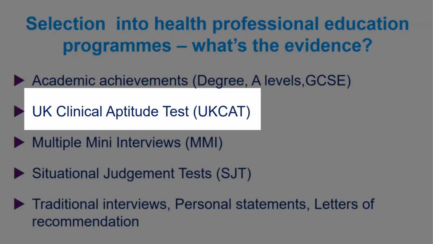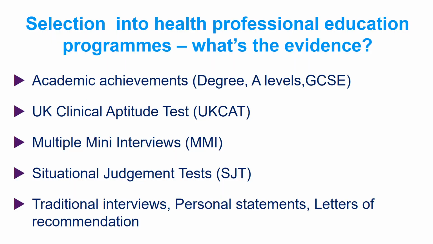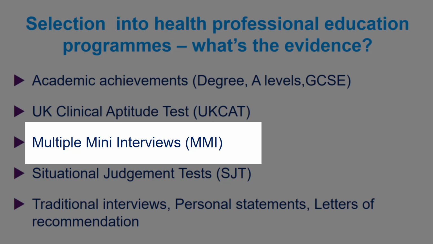The UK-CAT has a modest but statistically significant ability to predict aspects of academic performance throughout medical school in the UK. MMIs have a relatively high reliability and predictive validity, but use locally derived marking criteria. Data supporting their validity is therefore often context-specific.